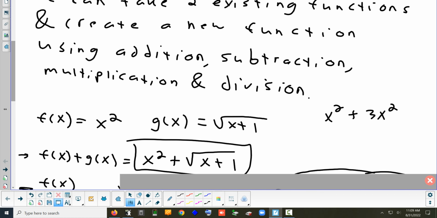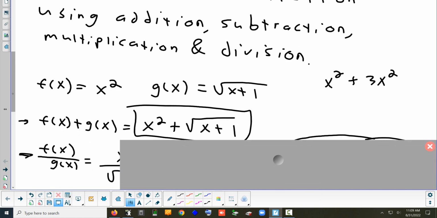How about if I wanted to take these 2 functions and divide them to create a new one? How do you think I would write f of x divided by g of x? What would I write down? Would it be x squared over the square root of x plus 1?